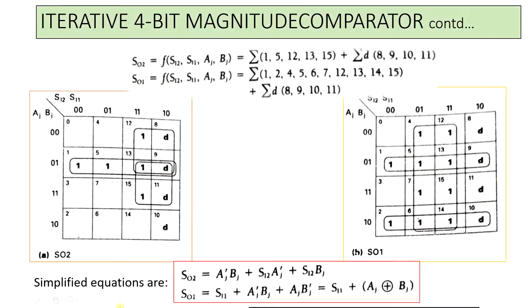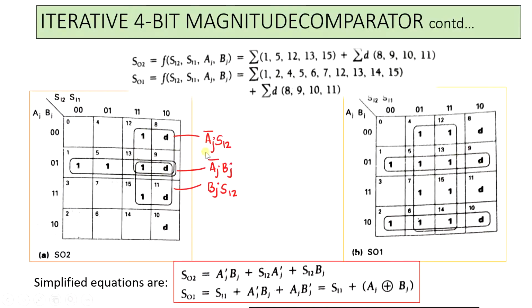In order to simplify further, what I have done is I have written the minterms here and I have the Karnaugh map which will have the 4 variables. So since it's a 4 variable Karnaugh map, I can clearly map the minterms including the don't care terms. Now when I am performing the grouping, I need to ensure that I can also include the don't care terms as much as possible.